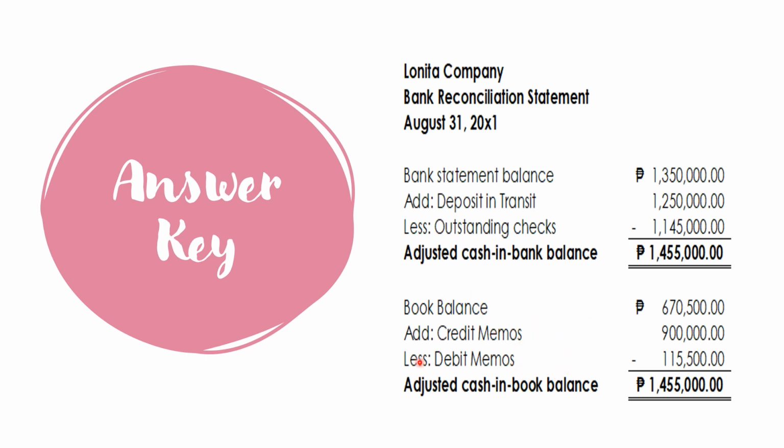After all, kahit binreakdown mo pa yan dyan, lahat ng debit memos, it's just 1 point lang. Okay? So later I'll be discussing the pointing system. So we have 1,455 as the adjusted cash in bank, and for adjusted cash in book, we also have 1,455. So we are now reconciled.